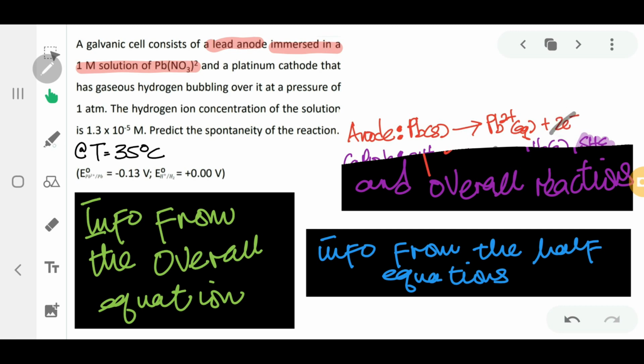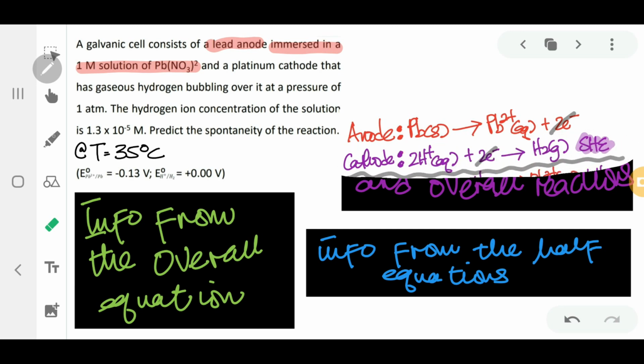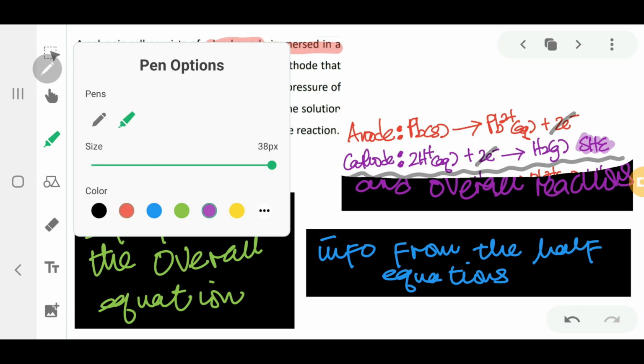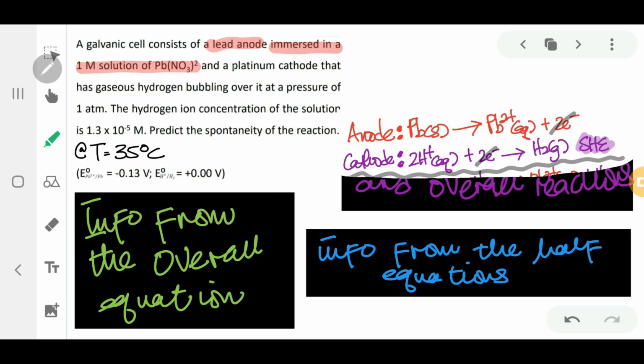The next bit is the cathode, which is your SHE. It's right over here. It says you have a platinum cathode, gaseous hydrogen bubbling over it. You have a pressure of 1 atmosphere, and the hydrogen ion concentration right there is given.